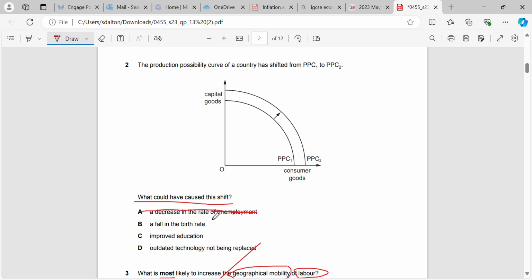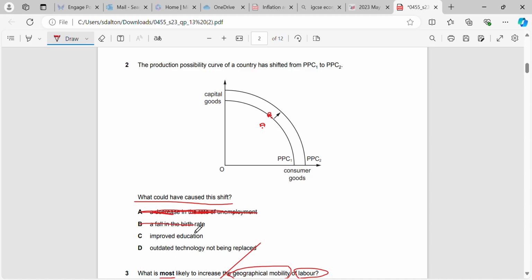That will not, because our workforce is already set. We're not increasing the quantity of it. All we're doing is moving from inside to on the curve when we have less unemployment. Okay, or if not on the curve, a point that is higher than where we were previously.